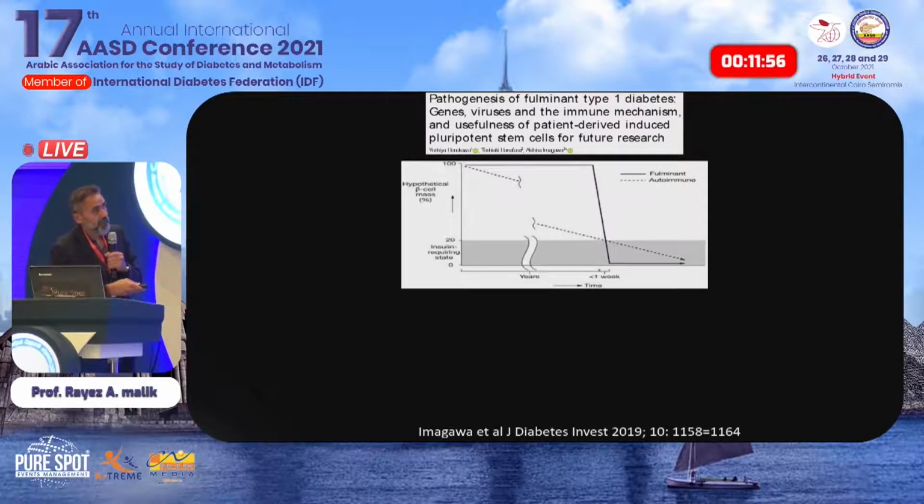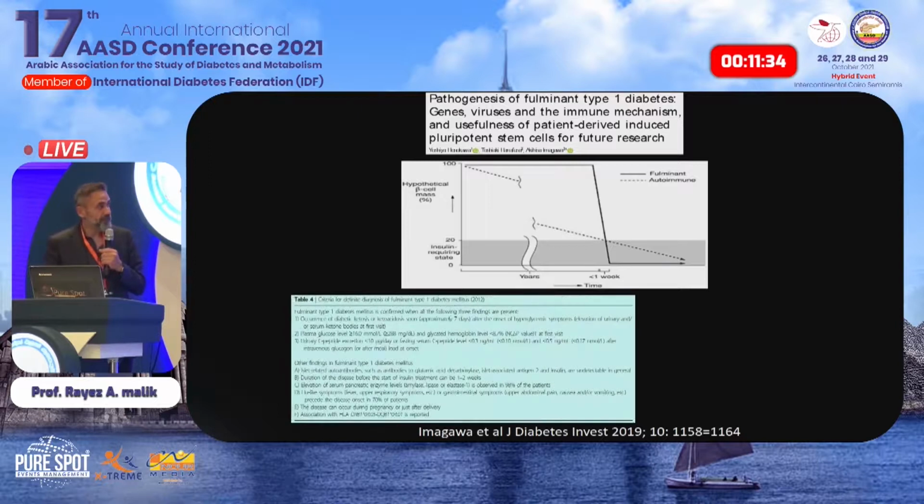In fulminant type 1 diabetes, you actually have completely normal beta cell mass, but then something happens that triggers a massive reduction in beta cell mass, and so that's why the patient presents acutely unwell with very high levels of glucose and ketones.